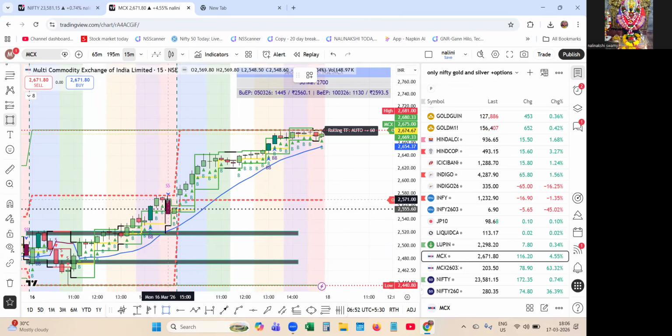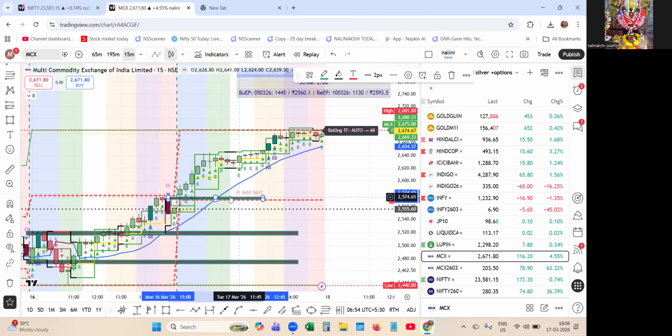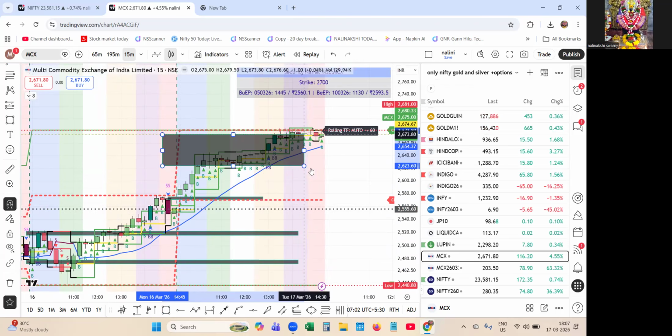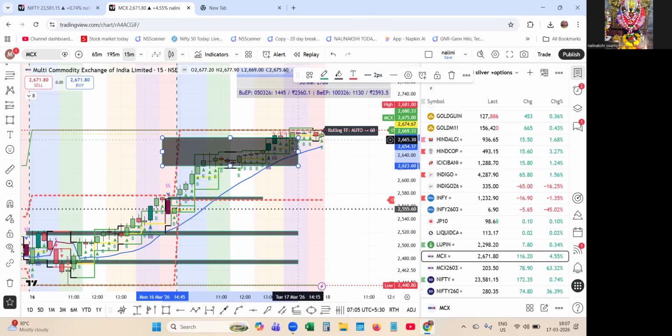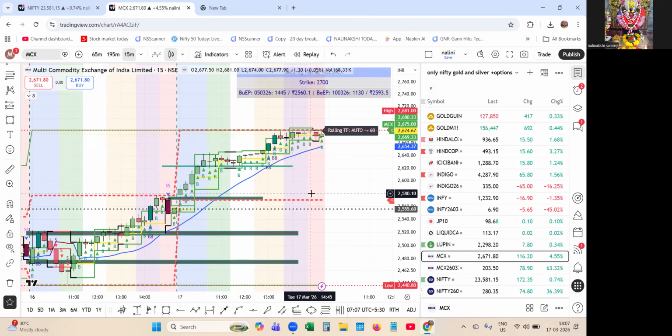Same procedure. I am marking it: MCX traded through 1, 2, 3, 4 candles. This is the reference point for the trade throughout the day.